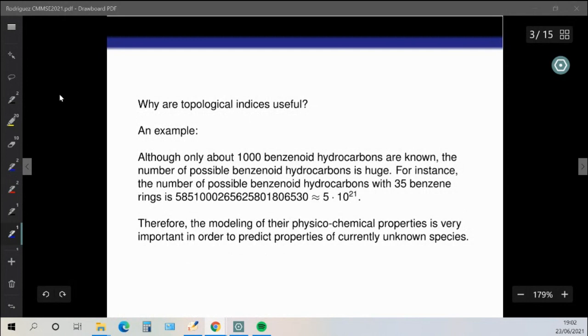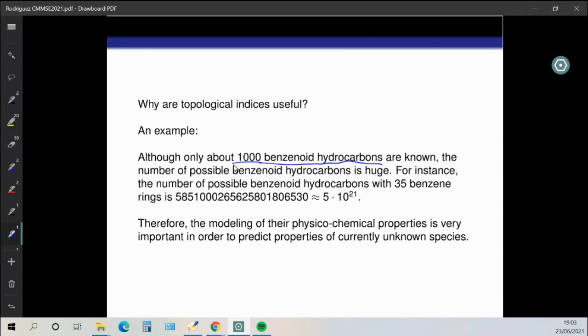Why are these topological indices useful? I would like to recall that we only know about 1,000 benzenoid hydrocarbons. But if we fix the number of benzene rings, for instance 35 benzene rings, we have a huge quantity of possible benzenoid hydrocarbons.